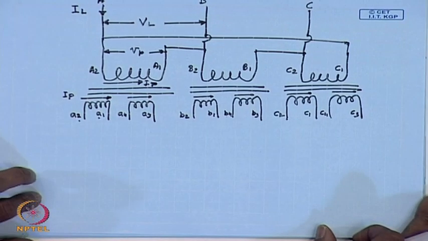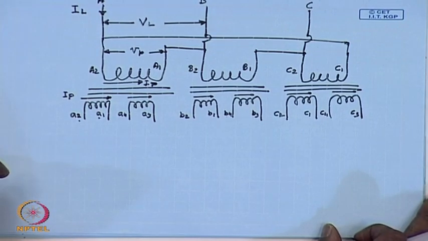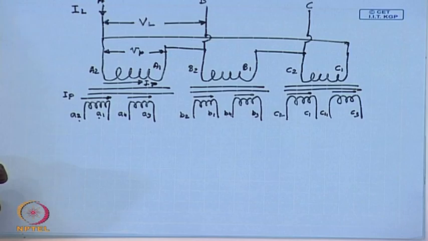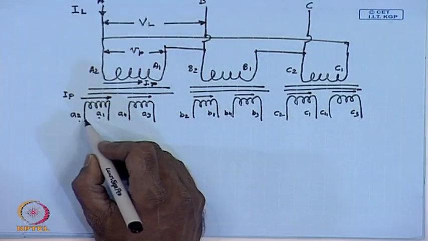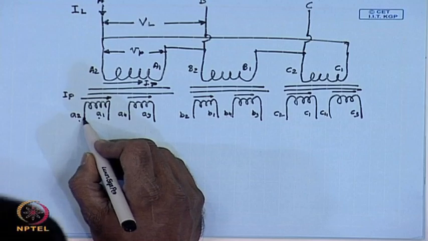So, let us say A2 B2 C2 is star connected, forming the neutral.